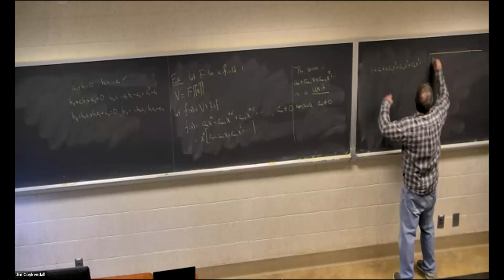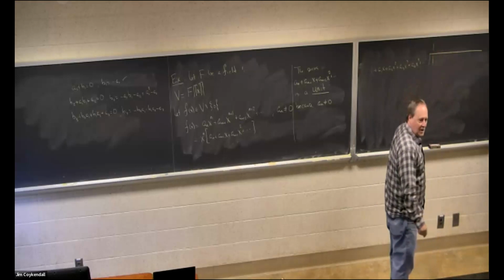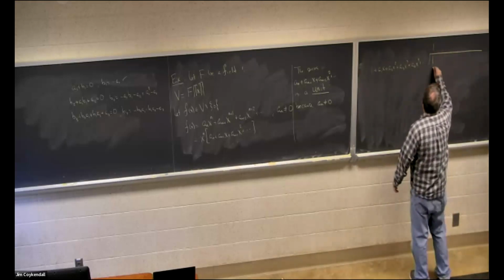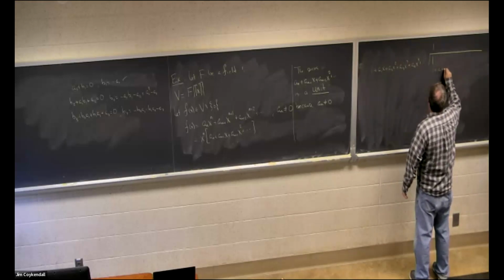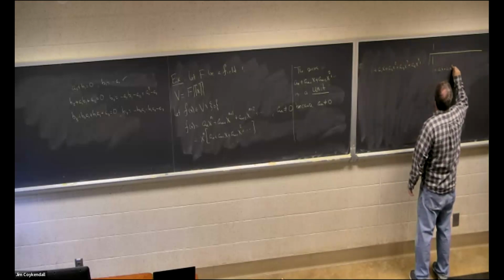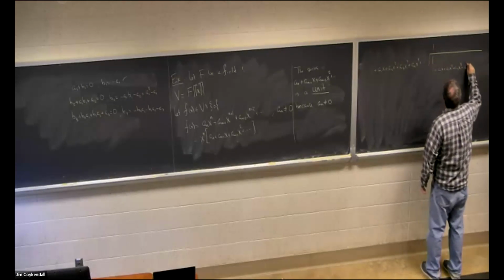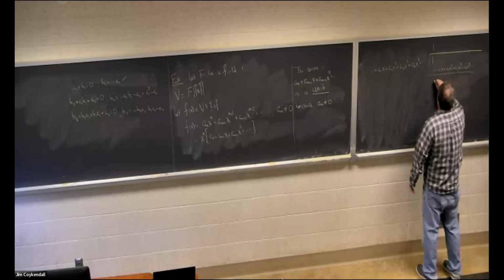So imagine dividing only from the other end. 1 plus A1x plus A2x squared plus A3x cubed plus A4x^4, and subtract.